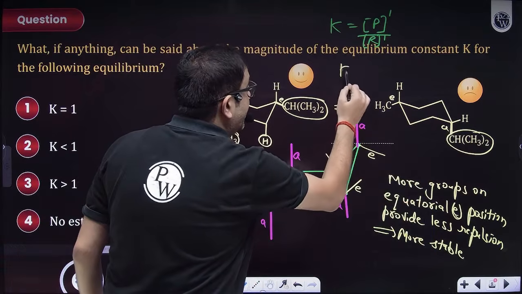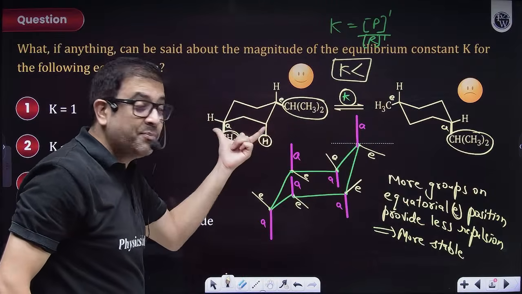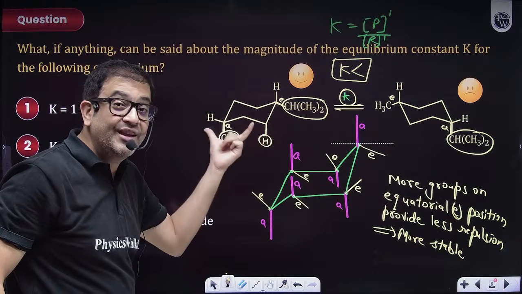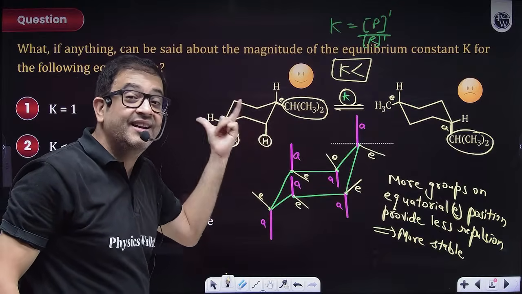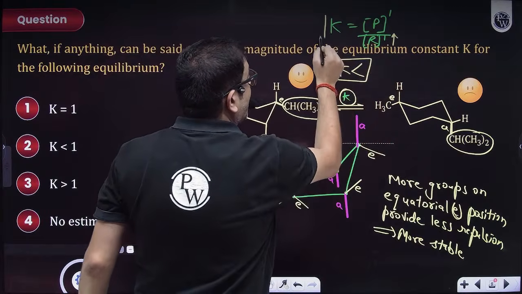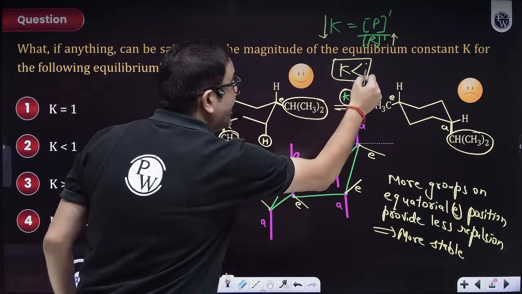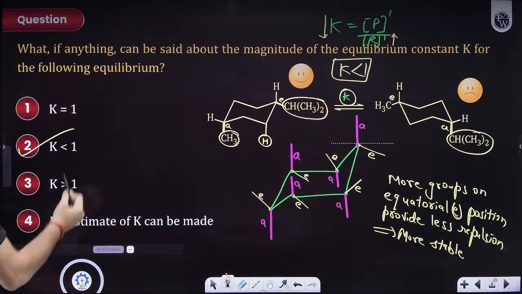The value of K will be less, because this equilibrium will have more concentration of the reactant side, because the reactant is more stable. If the concentration of reactant is more, then obviously the value of K is less. So the value of K will be less than 1, which is definitely shown by option 2.